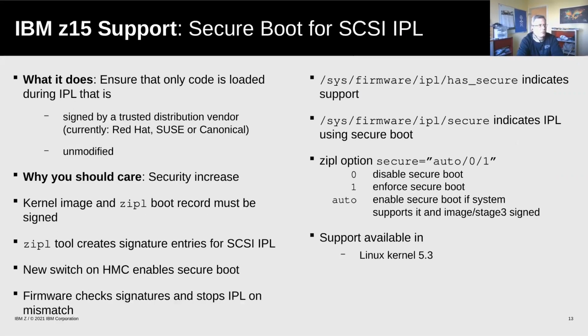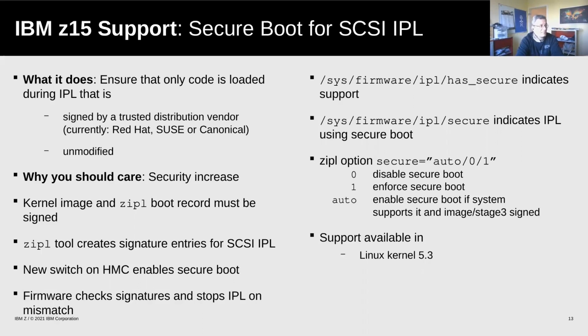So moving on towards more storage-related topics, the first one would be secure boot for SCSI IPL. Now, this is probably one of the oldest features in this presentation today, but it still finds a lot of friends.